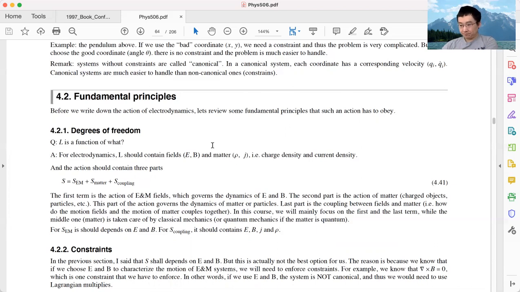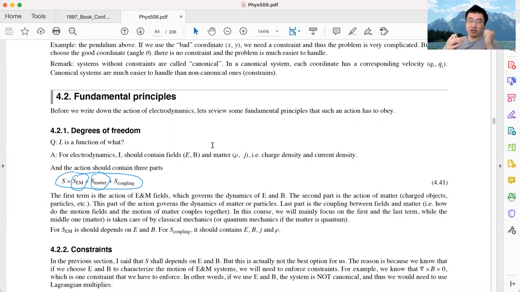So first of all, this action should have 3 parts, as we show here. The first part is EM, that is the E and M field part, the electric and magnetic field part. This part of the action depends on the electric and magnetic fields, say the strength of the E field, the strength of the B field, etc. The second part is a matter part, because we know E and B fields do not come from nowhere.